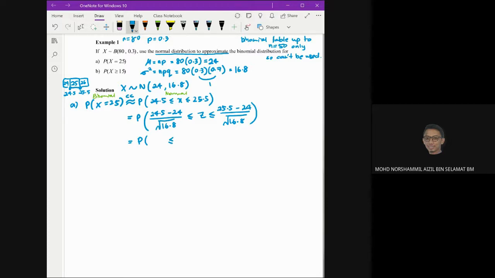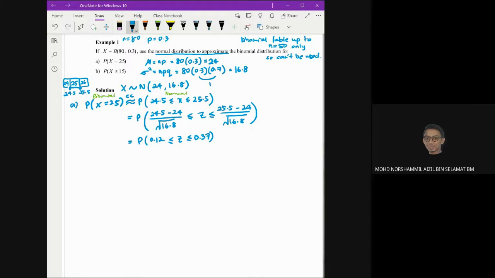Keep it 2 decimal places only. 2 decimal places only. Okay. Because we want to read the table up to 2 decimal places only. Come on, guys. 0.12. Okay. 0.12 up to highest one is 0.37. Okay. Thank you very much.